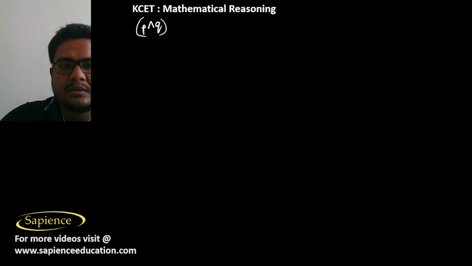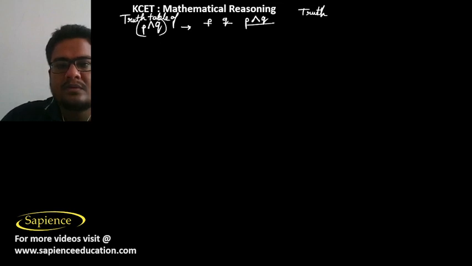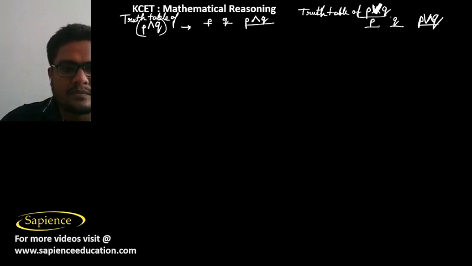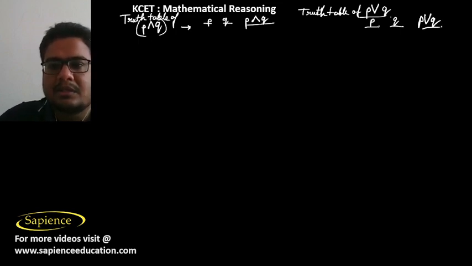Its truth table, if you draw the truth table of P and Q, and here we can write the truth table of P or Q. So P, Q and P or Q. P and Q are some mathematical statements.